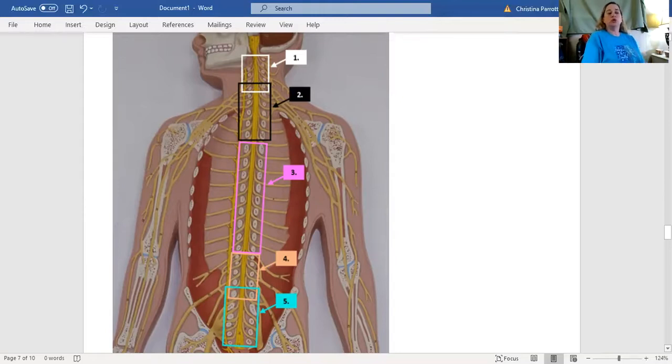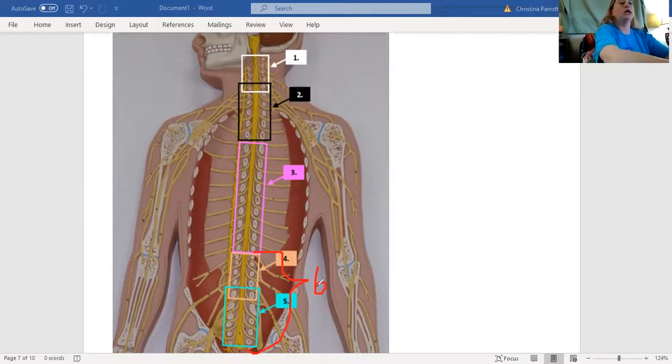Now you can group 4 and 5 together. If I have a bracket there from here to here, and I say identify this one, and we'll call this one 6, 6 would be your lumbosacral plexus, because you've just combined 4 and 5 into one grouping.